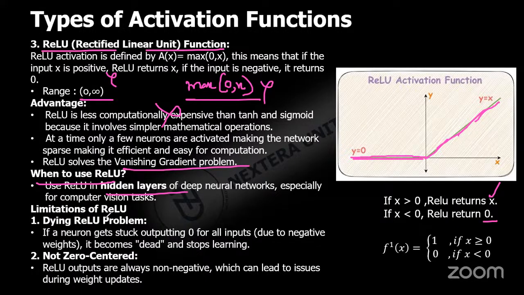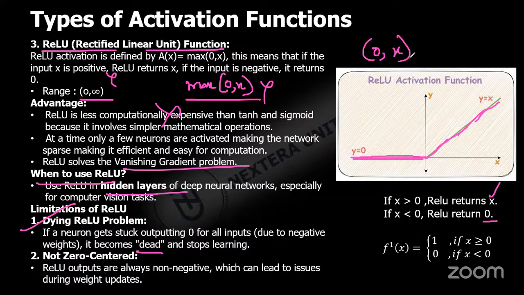But the problem with ReLU is dying ReLU. Because of this ReLU activation function, some of the neurons get dead. Why? Because the range for the ReLU function is 0 comma x. If x takes 100, the output will be 100. If x takes 500, the output will be 500.